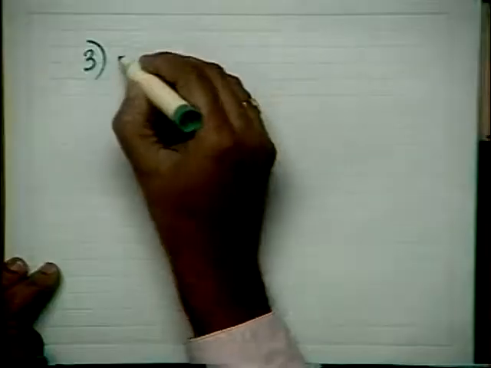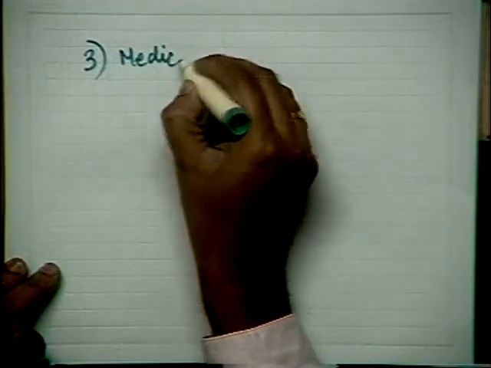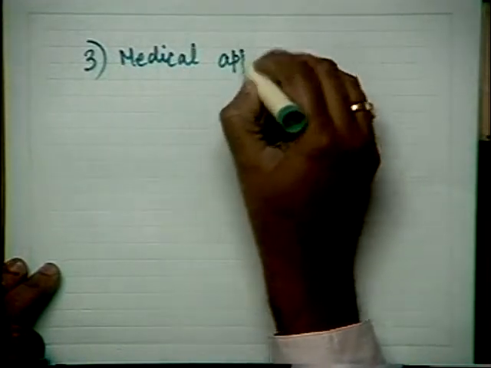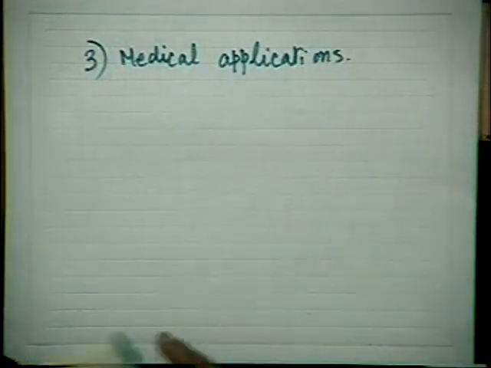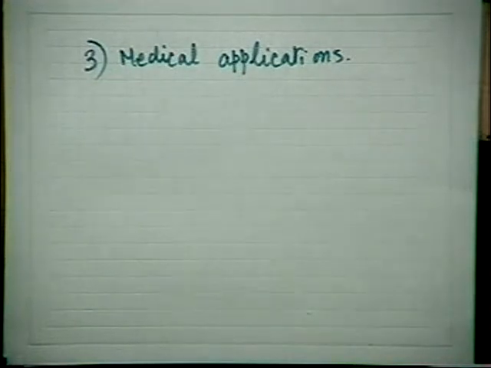Another area, which is a very developed area, is in the field of medicine, that is, medical applications: processing of X-ray images, ultrasonograph images, or the projection images of computer-aided tomography. All these things are possible today using image processing, and doctors are using these image processing techniques very effectively for diagnosing diseases.